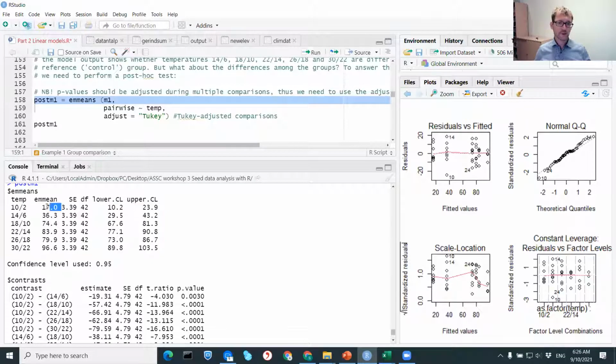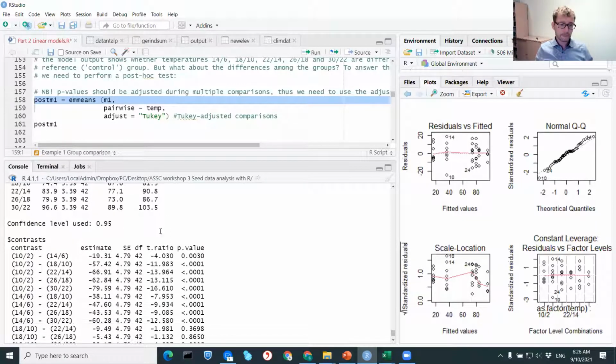Again, you can see that the average germination percentage at temperature 10 is 17%, 14.6, 36, and so on. You also have standard errors, and you can also use the confidence intervals if you want to. So basically, it shows you how precise, how good those estimates are.